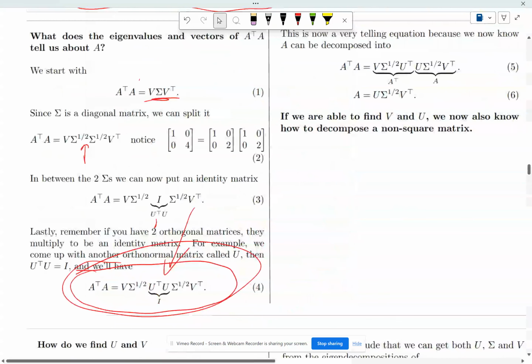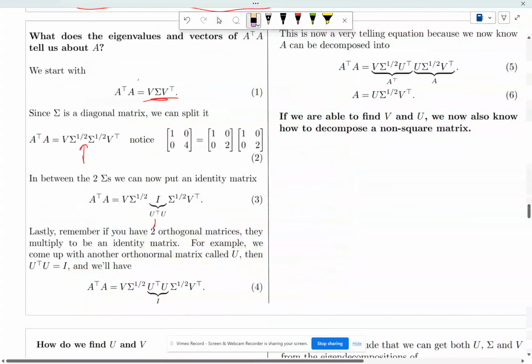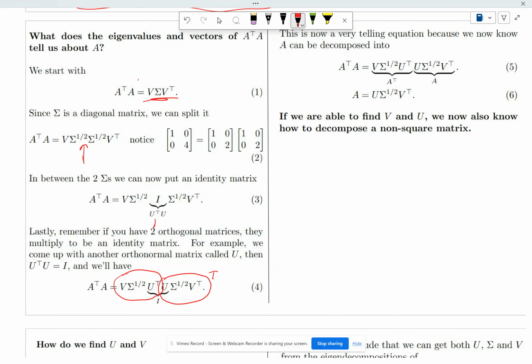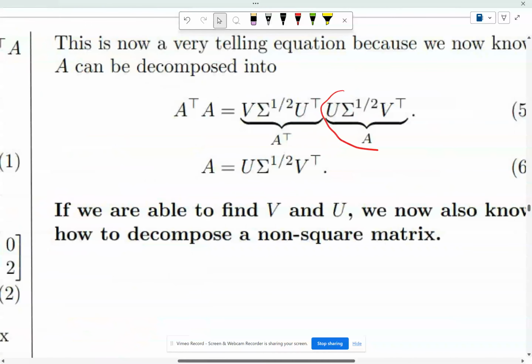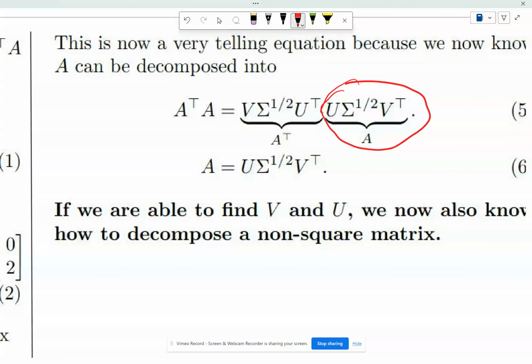Now, notice that if you take the transpose of this, it's just equal to this. Hold on a second.